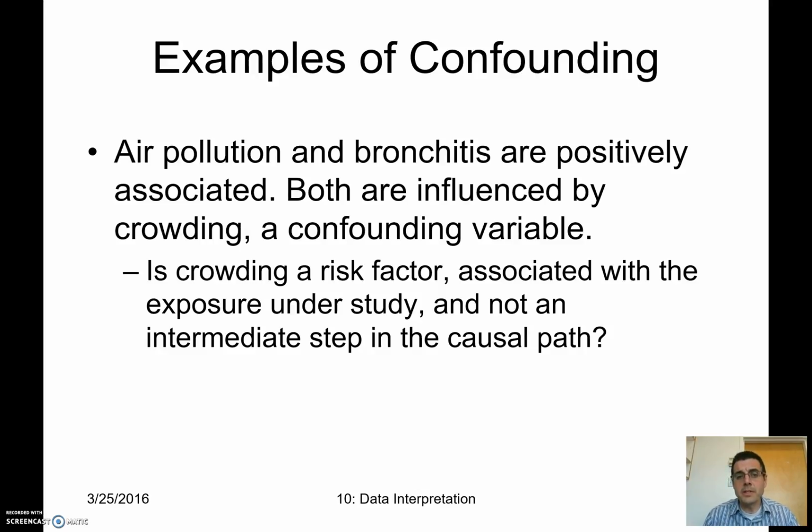It's important to take into account these confounding variables. So is crowding a risk factor associated with the exposure under study and not an intermediate step in the causal path? No, you have to separate those out and take those into account when you're analyzing or interpreting the data.